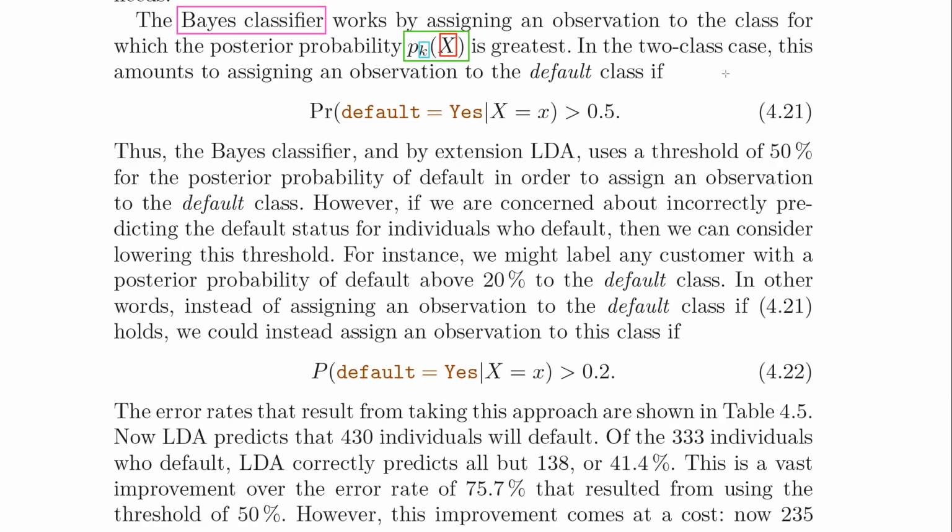Now, in the two-class case, this amounts to assigning an observation to the default class if pk is greater than 0.5, right? If it's only two classes, then which pk wins?